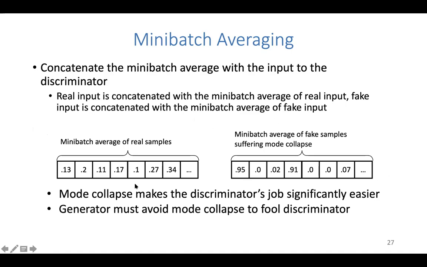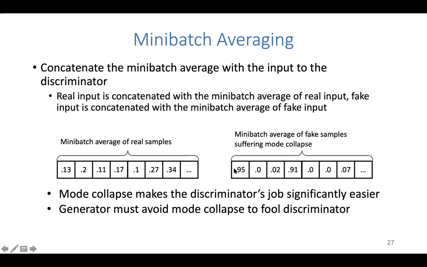So if the generator has fallen into mode collapse, then it is extremely easy for the discriminator to distinguish between real and fake samples, because real samples would come with a real mini-batch average, which has a variety of diverse set of values.